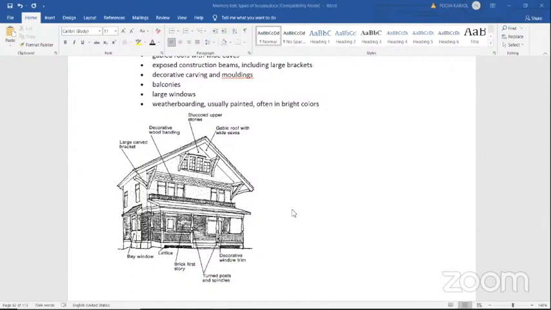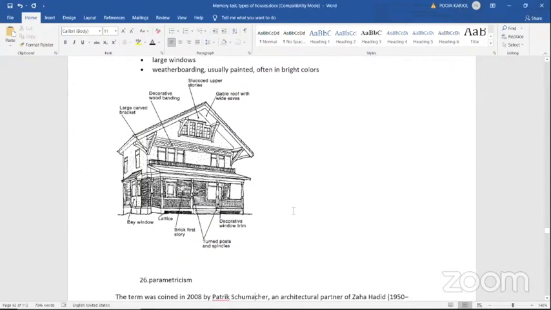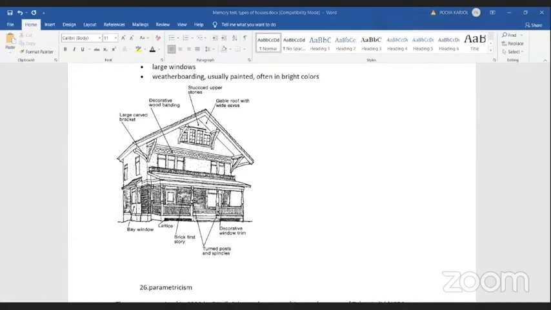There is a house also. See the house, which will explain.